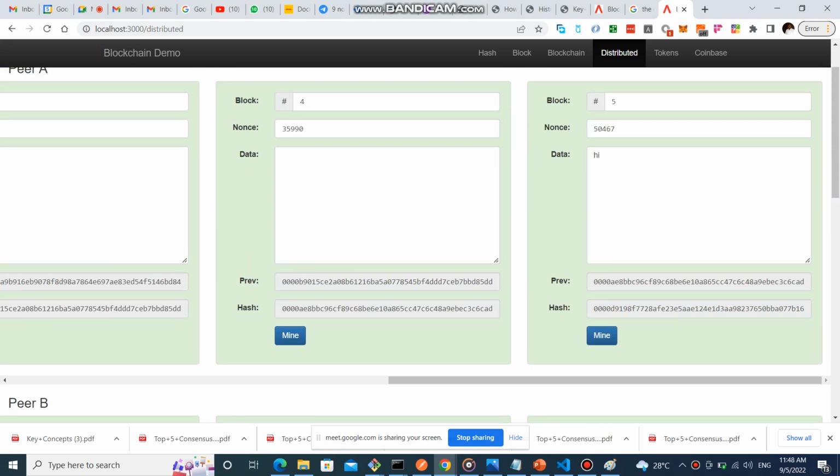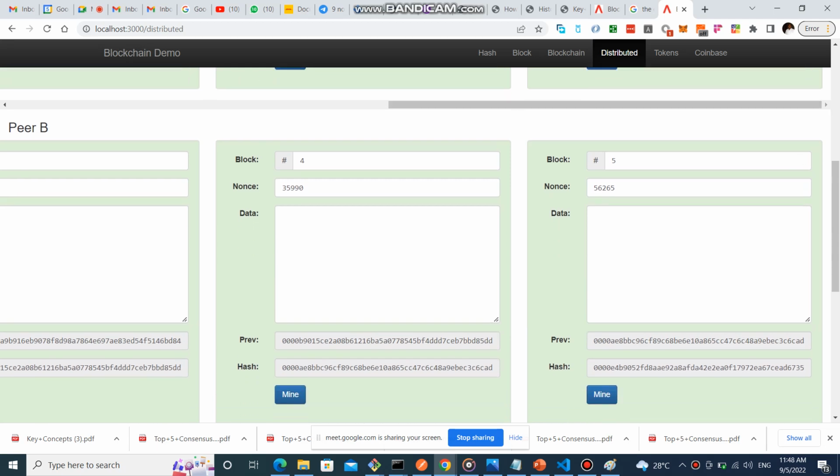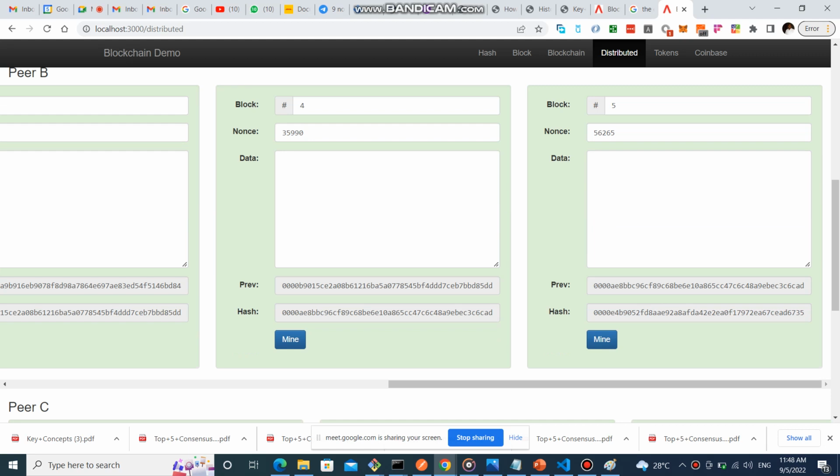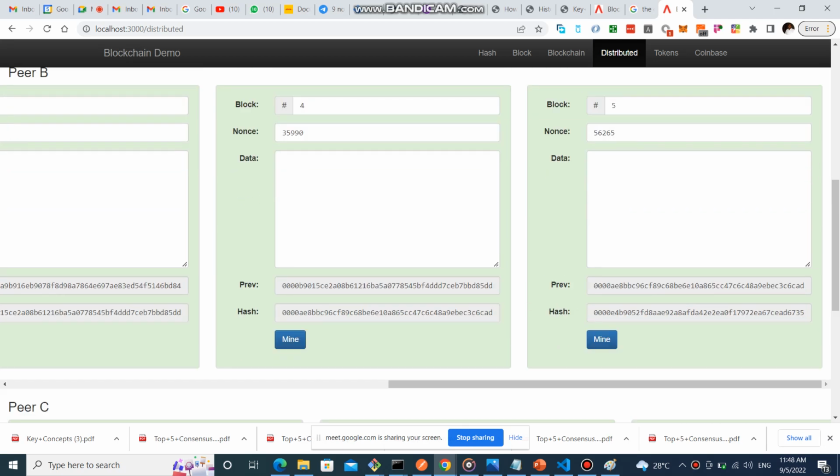I think I changed the value under the fifth one. It will compare it with the hash. The hash is expected to be 000E4B9, but your own hash is D9198.